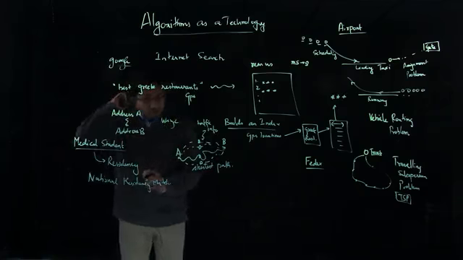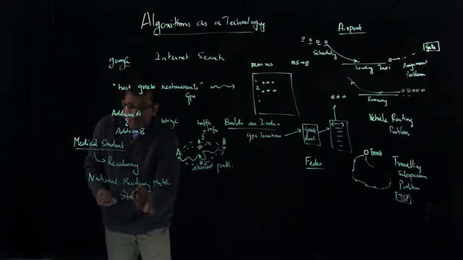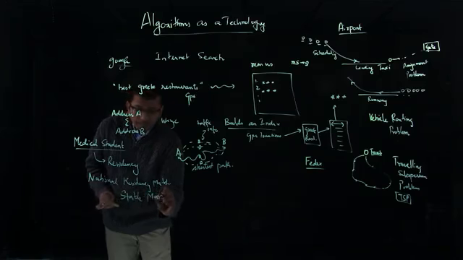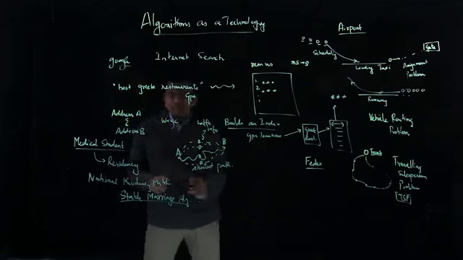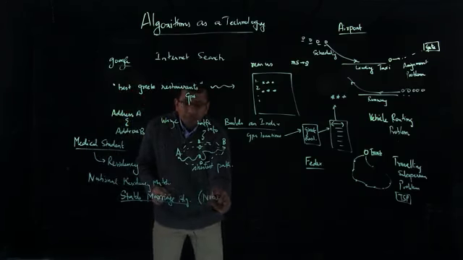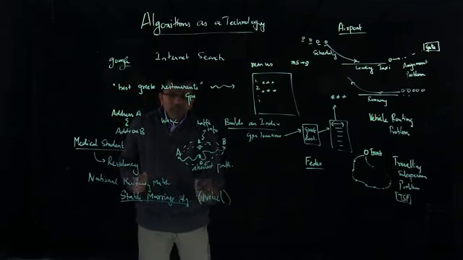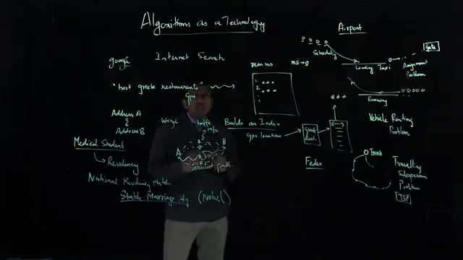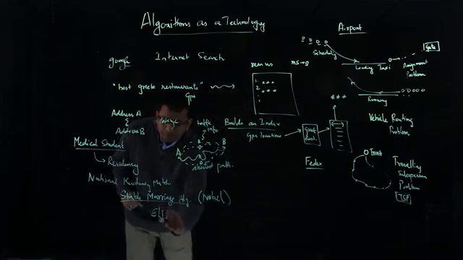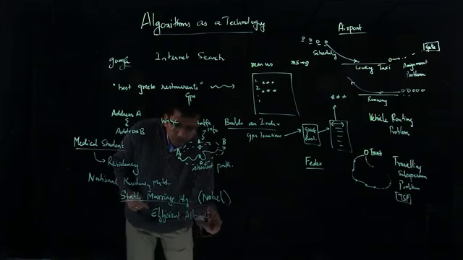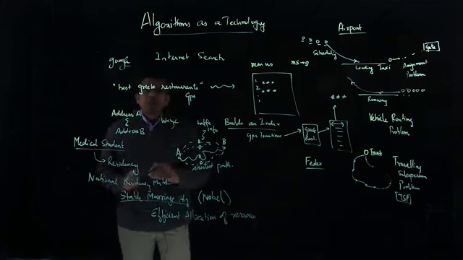This is based on an algorithm called the stable marriage algorithm, and the people who invented this algorithm won the Nobel Prize. They were from economics, and because of this invention of an algorithm for efficient allocation of resources, they won the Nobel Prize.